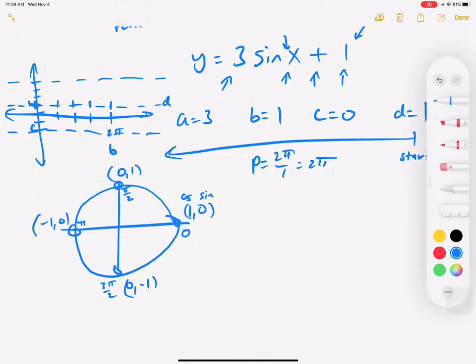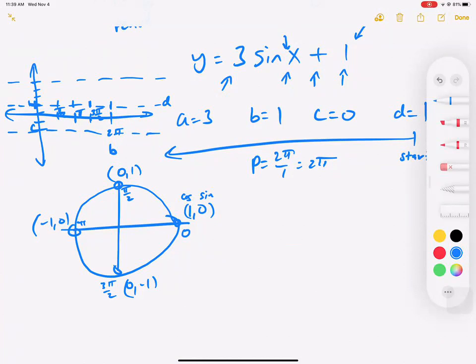Half of 2 pi is pi over 2. Oh, whoops, sorry, my bad. Half of 2 pi is pi. So this is pi now. This is pi over 2. And this is 3 pi over 2. Those are our 4 tick marks.